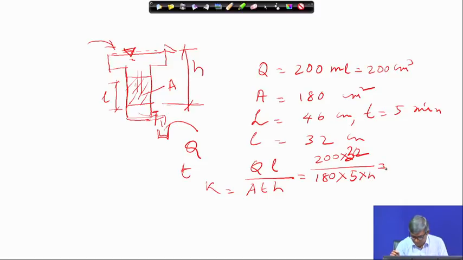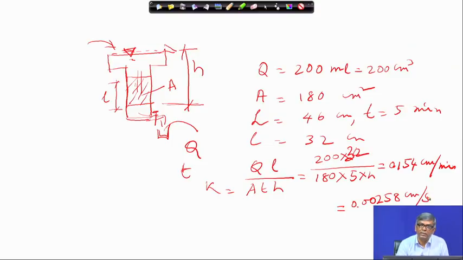If I do this, then I will get 0.154 centimeter per minute, which will be equal to 0.00258 centimeter per second.